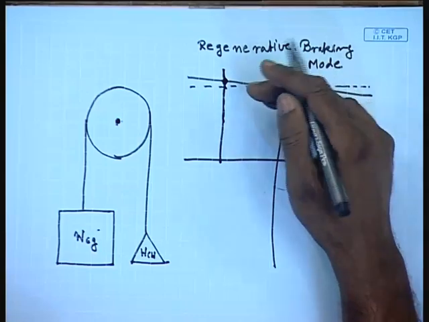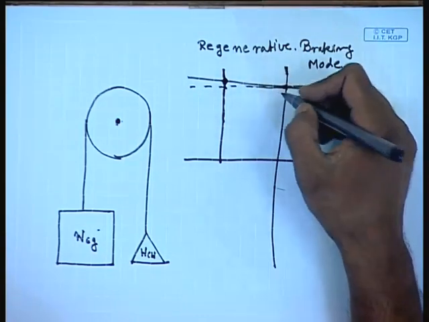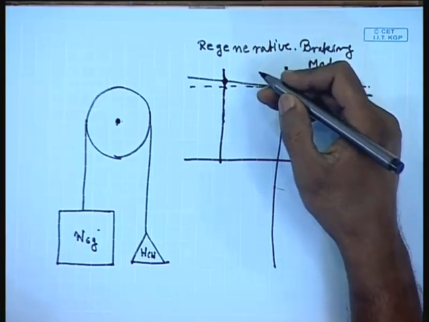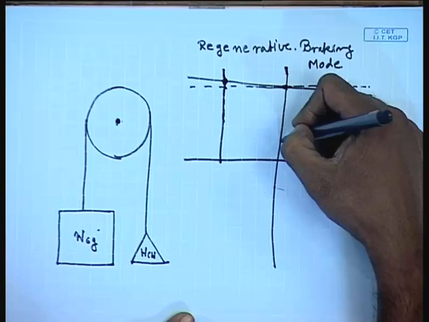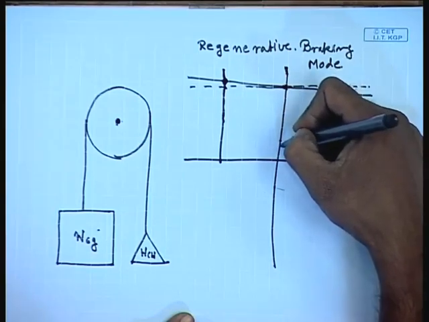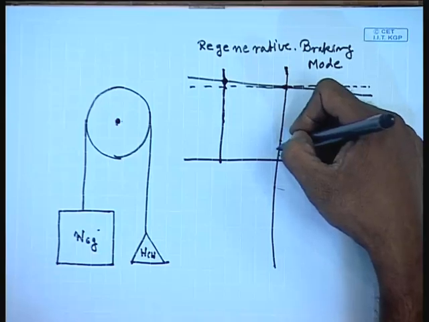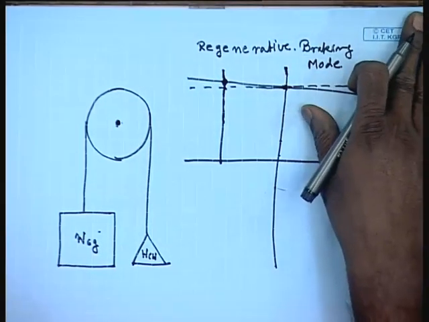It will continue to run at a speed higher than the rated no load speed, unless an arrangement is made to reduce the applied armature voltage gradually to 0, in which case even the regenerative braking method can be used for stopping the system.